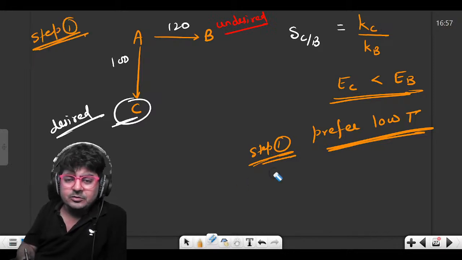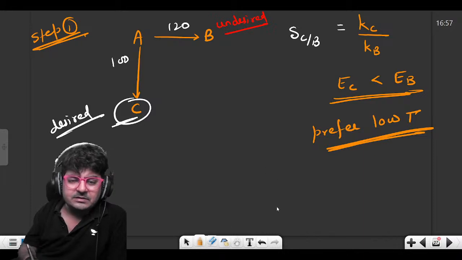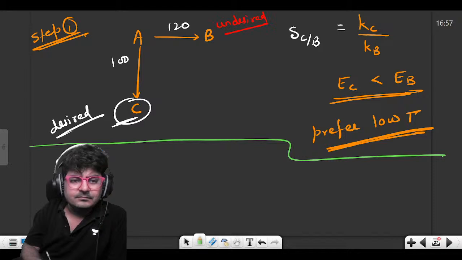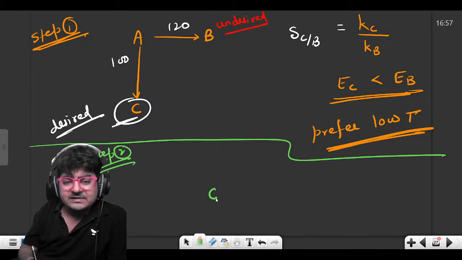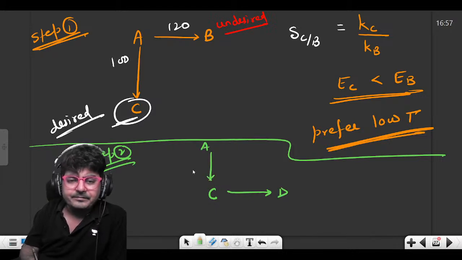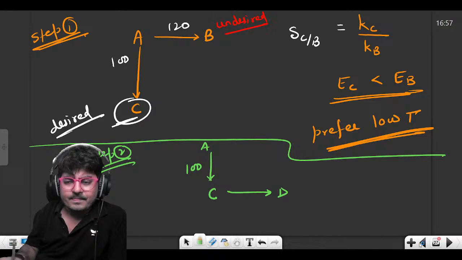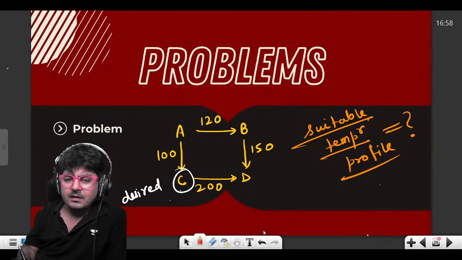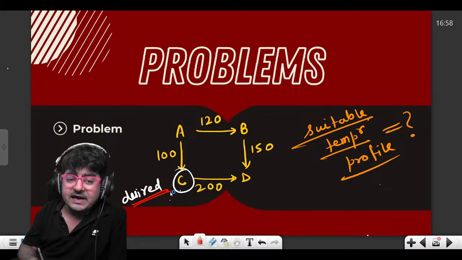अब यहाँ पे अगर आप नोटिस करोगे तो ध्यान से देख पाओगे कि सेकंड स्टेप भी है. क्या? जो मेरा C है वो फर्दर डिसअपियर होके D भी तो बना रहा है. What I want, C is the desired.